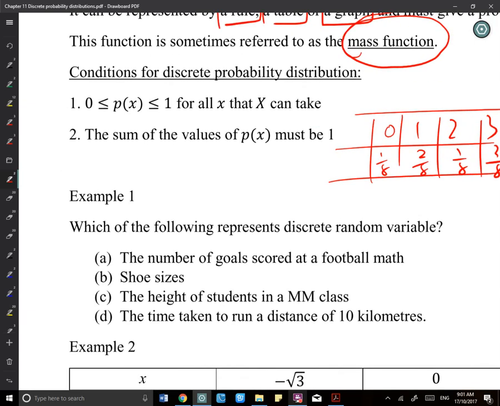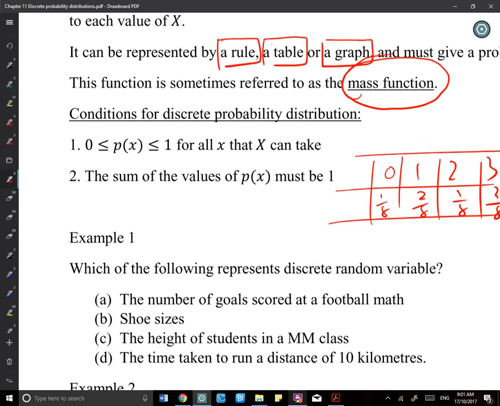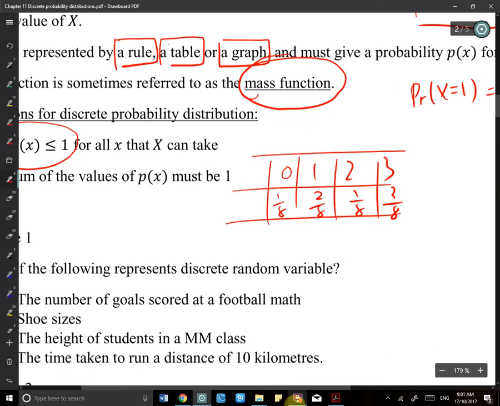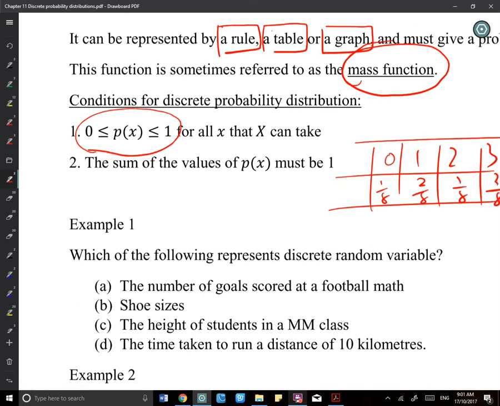Because you need to satisfy two conditions. First condition: all the values for each of these probabilities must be between 0 and 1. You know that probability can't go over 1 or under 0. So each box needs to satisfy that.